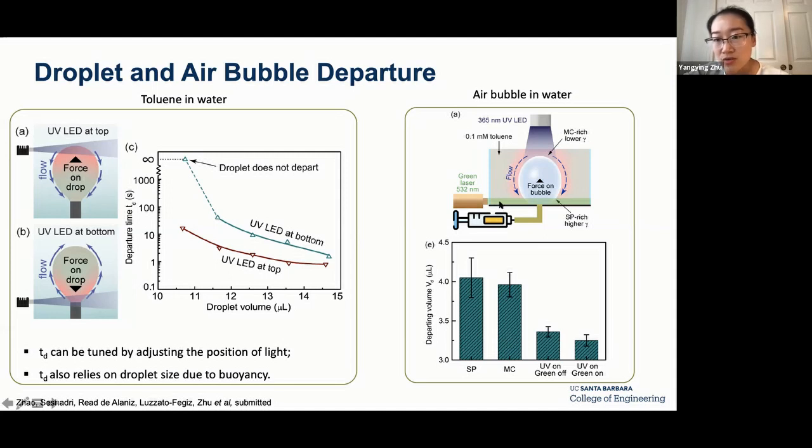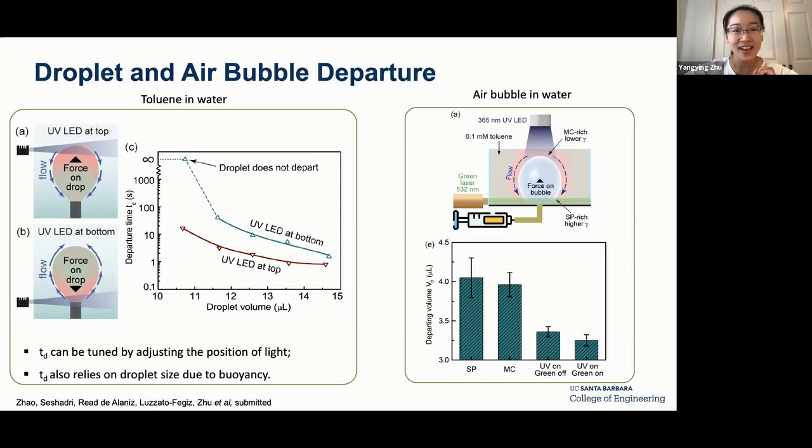And further, when you turn the green laser pointer on the bottom, I think this is a very tiny enhancement. So we are still working on how we can maximize or optimize this departure process. But you can see the comparison: when you turn the light on versus not, you have a change in the departing volume. So that's about our droplet and air bubble departure.